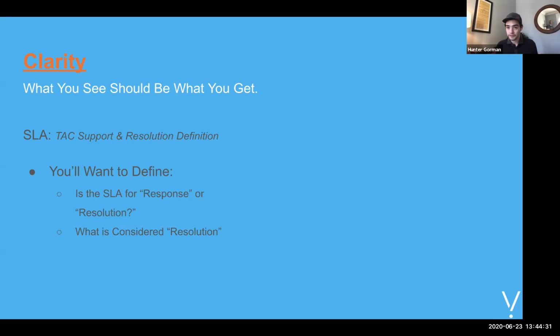Also, what is considered resolution, right? Is it the dispatching of a spare, or is it actually the delivery of that spare? Again, these really kind of hairy, intricate details of your SLA can either really make your day or really, really bite you in the butt.